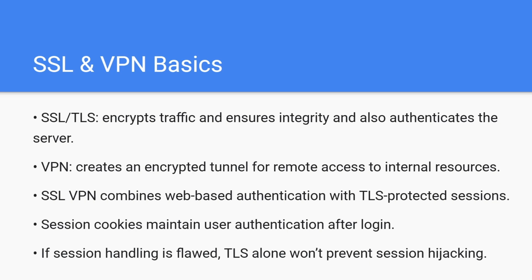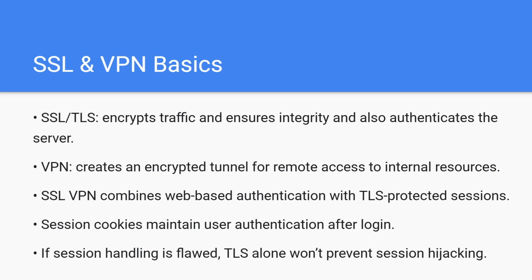An SSL VPN specifically uses web-based authentication to establish a session and then relies on TLS to protect the session traffic. After a successful login, the server issues a session cookie that the client presents on subsequent requests to prove it is authenticated. Most importantly, TLS protects the confidentiality and safety of the channel, but it doesn't guarantee that the session cookie is valid.